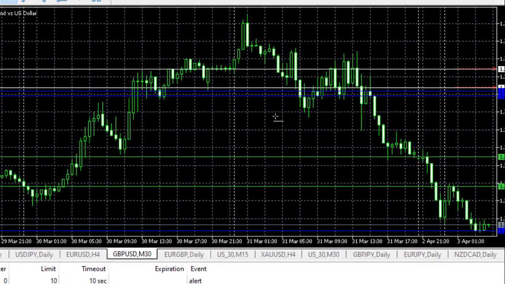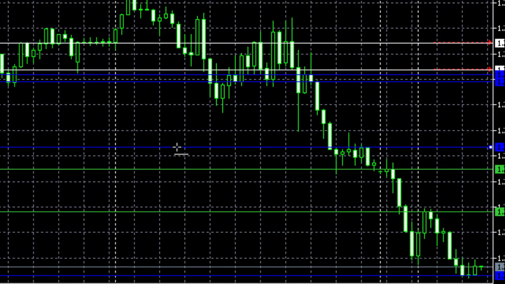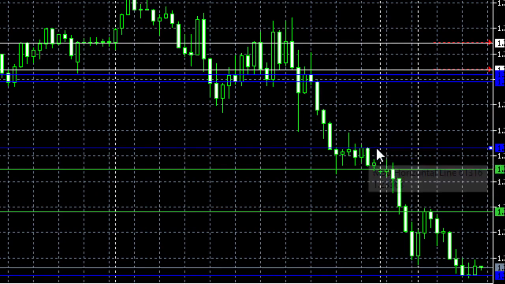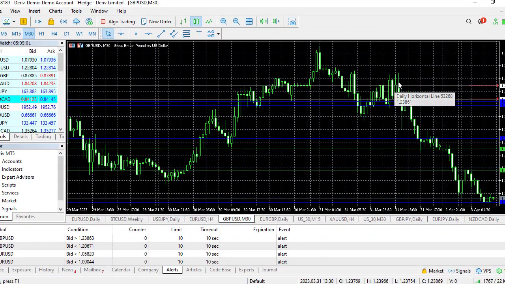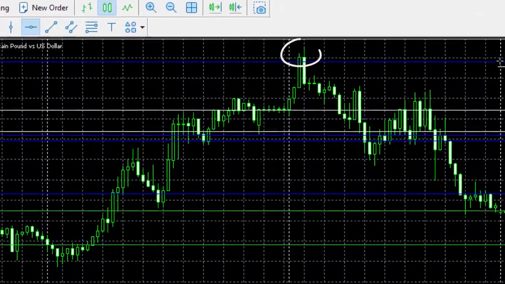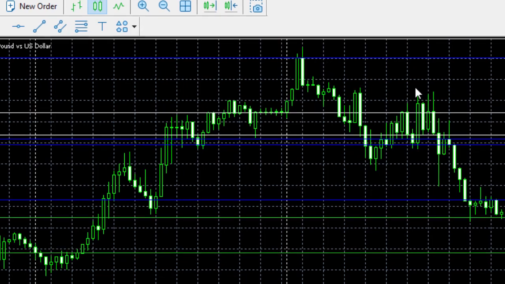Then we also have one around there. This place right here. Buy sell. So that was a turning point. Then we also have one at the top here. Buy sell turning point.